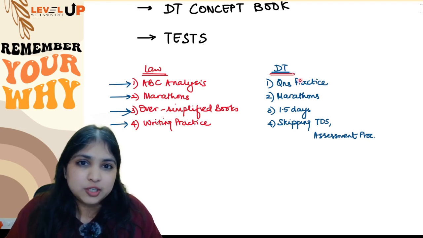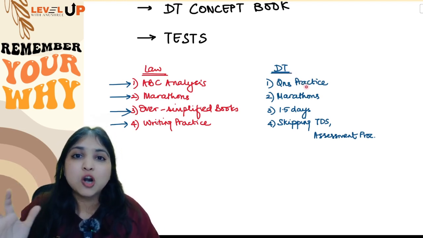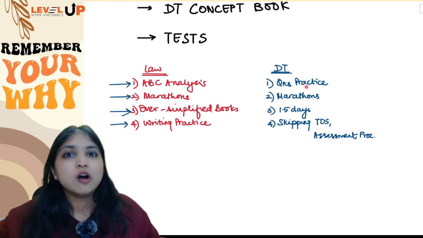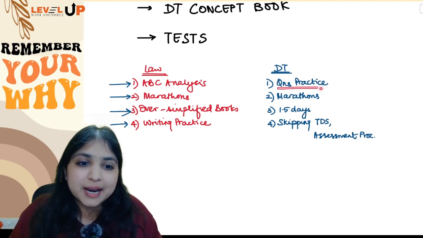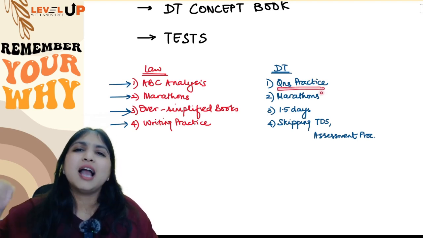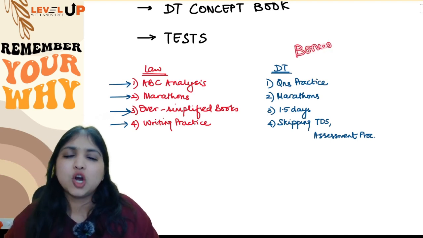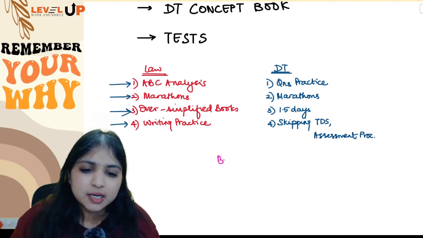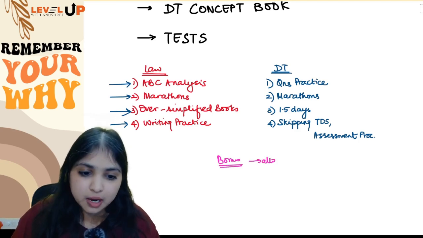When it comes to DT, knowing concepts is one thing, but it is not the only thing. With concepts you do need a solid amount of practice of questions. I'll give you one example. Let's talk about bonus. You all know that under PGBP, bonus is a business expense, it is going to be allowed.